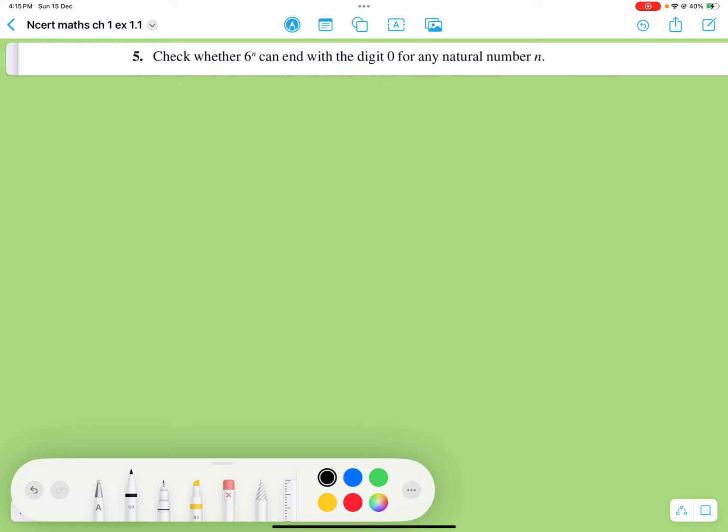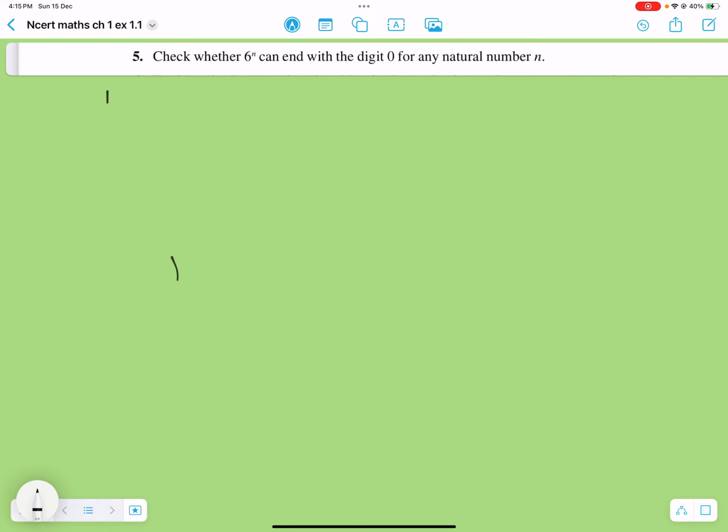We have gone through the fundamental theorem of arithmetic, and it says any composite number can be written as a product of prime numbers in only one unique way, right? So the first step for us should be to find the factors of 6.